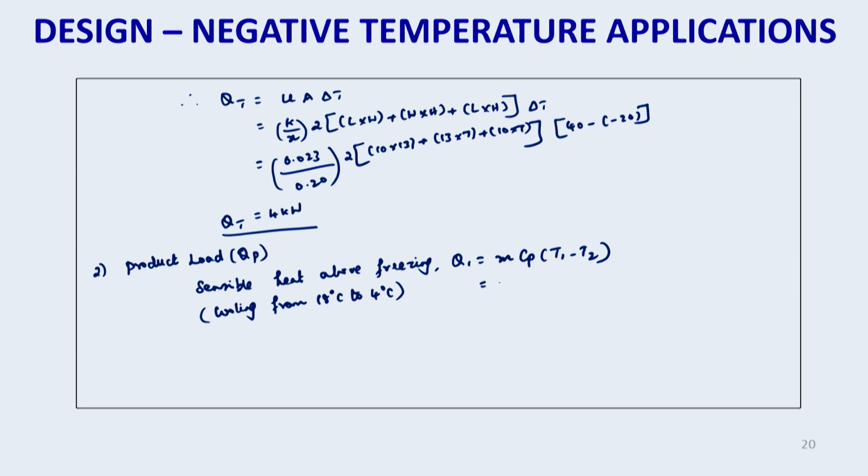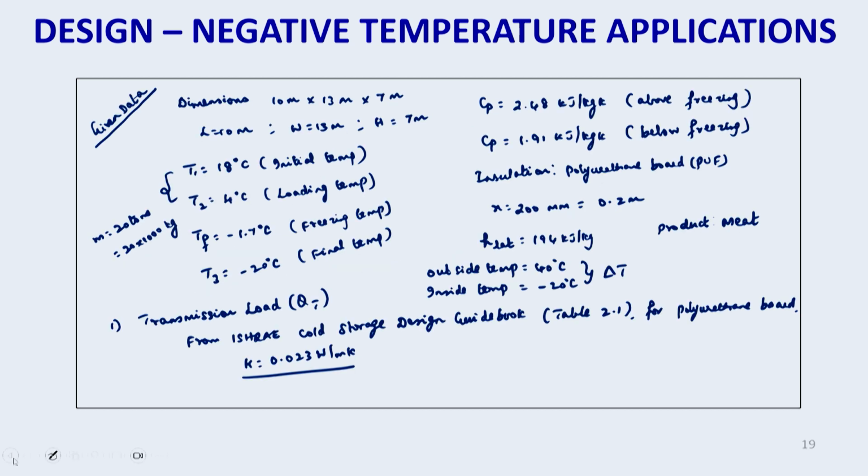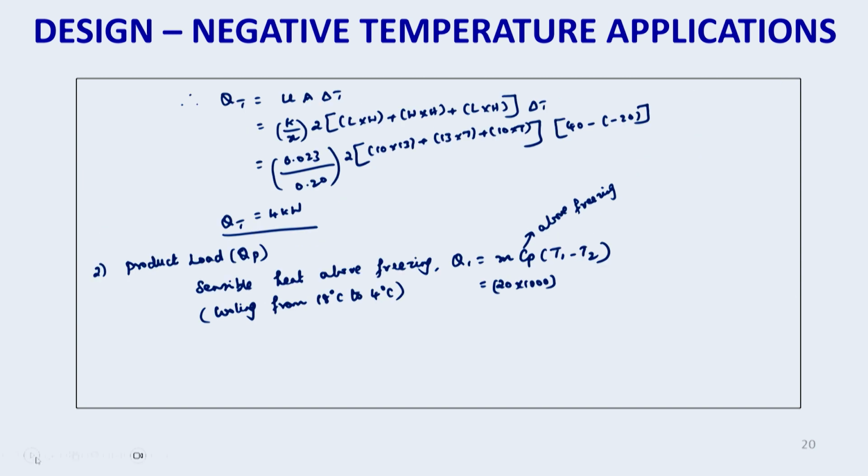Here the Cp value is above freezing only. So the Cp value above freezing is 2.48, into T1 is 18, T2 is 4.